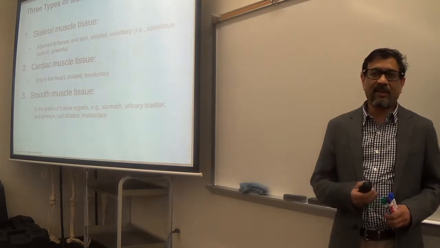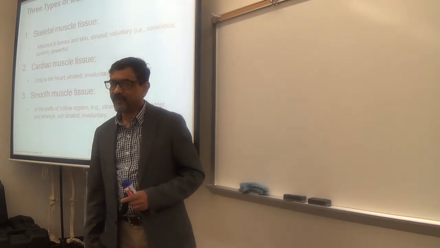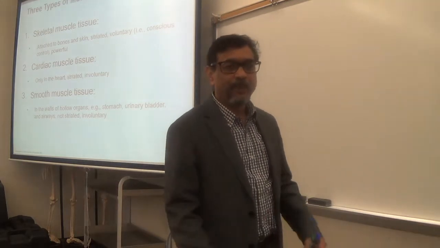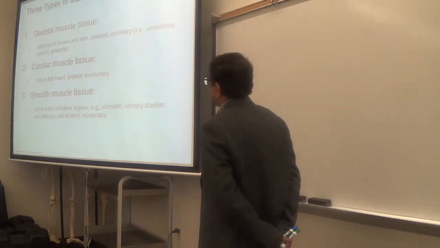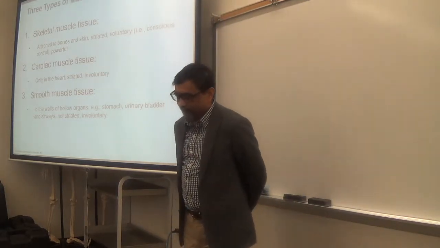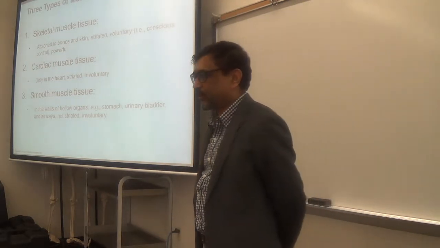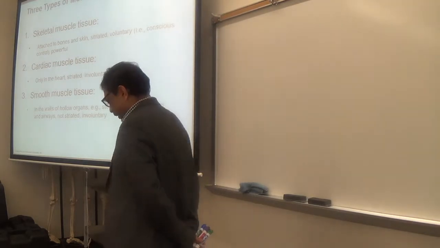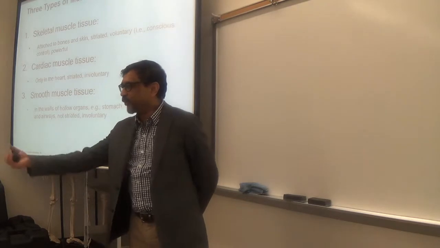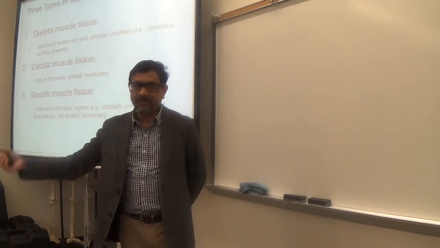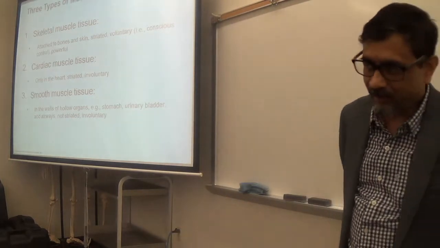Skeletal muscles are attached to the skeleton or bones and help to move the bones or body parts. Skeletal muscle is voluntary. If I ask you to move your hand, you can do that. You can move the bones of the body. So voluntary.